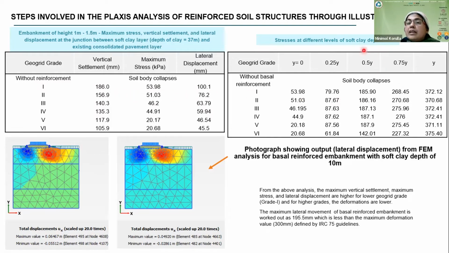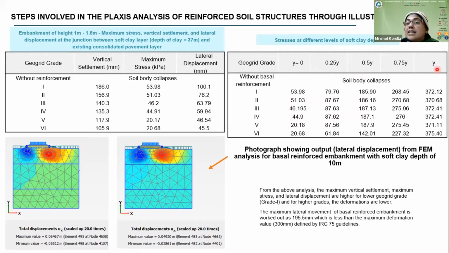Okay. Then coming to the bearing capacity check, again, we need to know what is happening within the clay at different layers. y equal to 0 is at the junction between the soft clay and the embankment. And at different depths, like 0.25 y, 0.5 y, and up to y, the pattern of the stress development was taken from the FEM analysis.